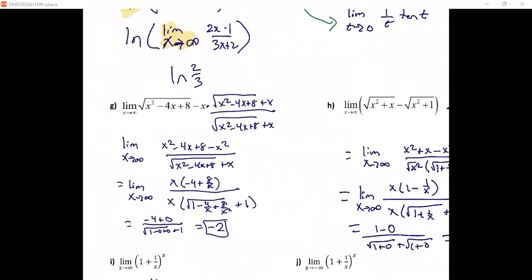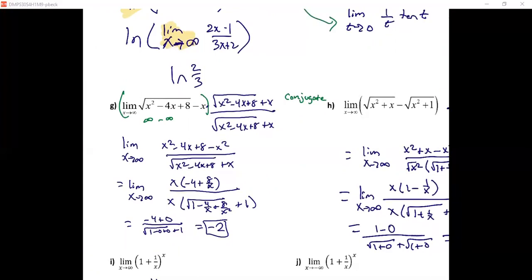G, if you look at G just by itself, you end up with infinity minus infinity, and infinity minus infinity is indeterminate. So the approach that I took on this problem is I multiplied by the conjugate. So don't forget, multiplying by the conjugate is a very, very powerful approach. And then just simplify the algebra.